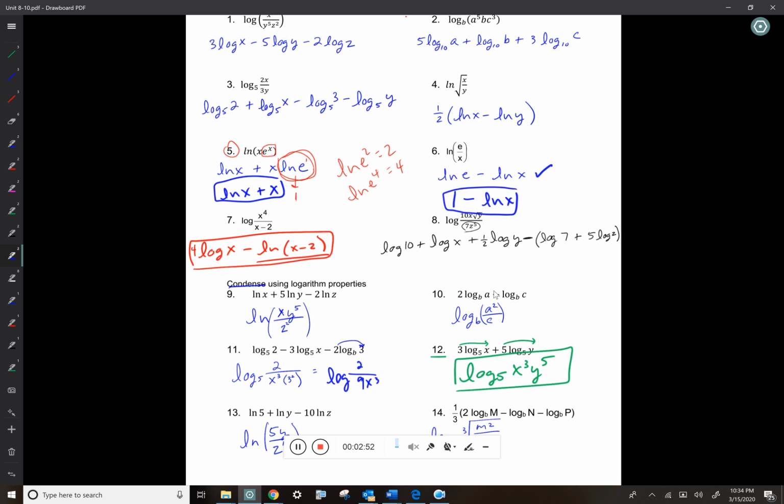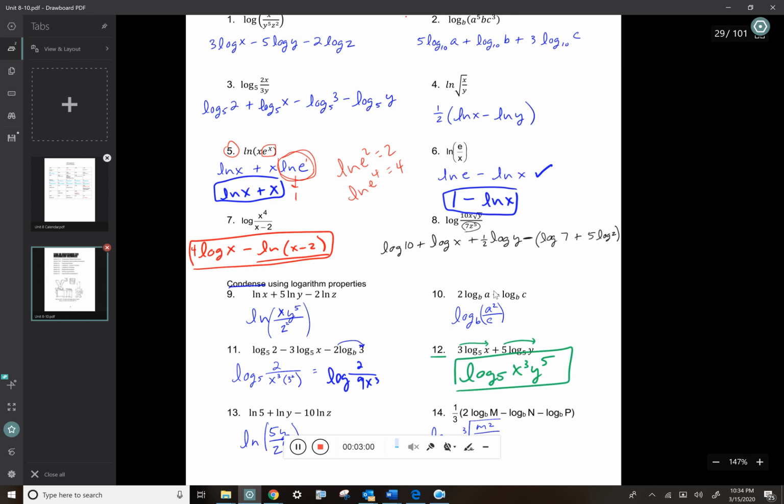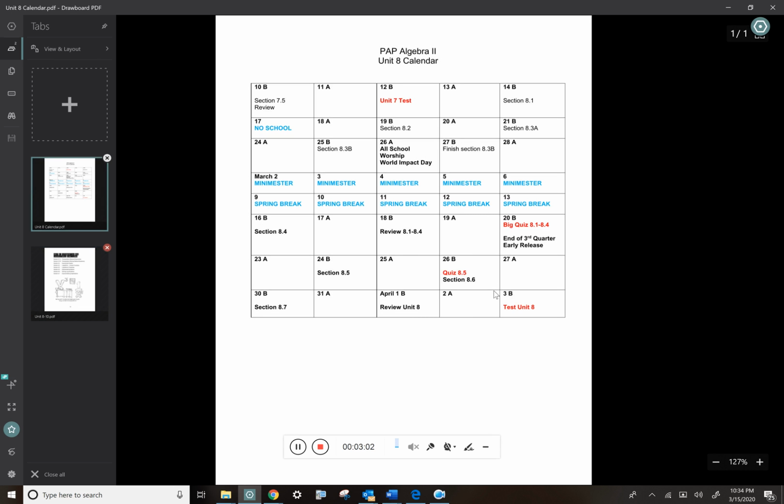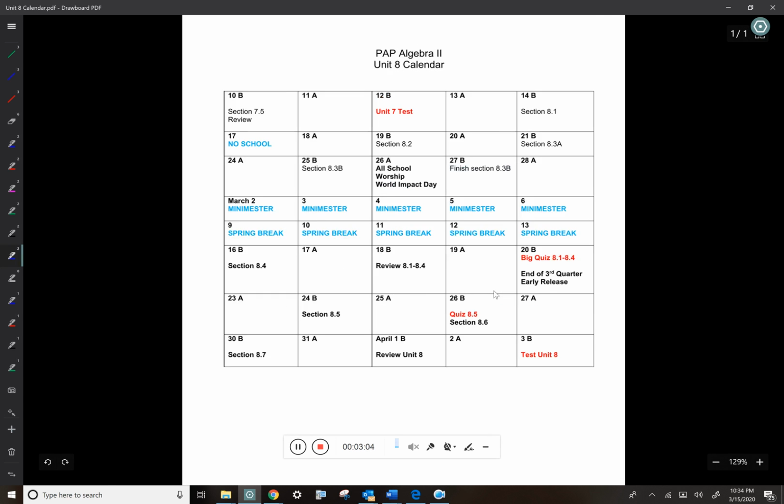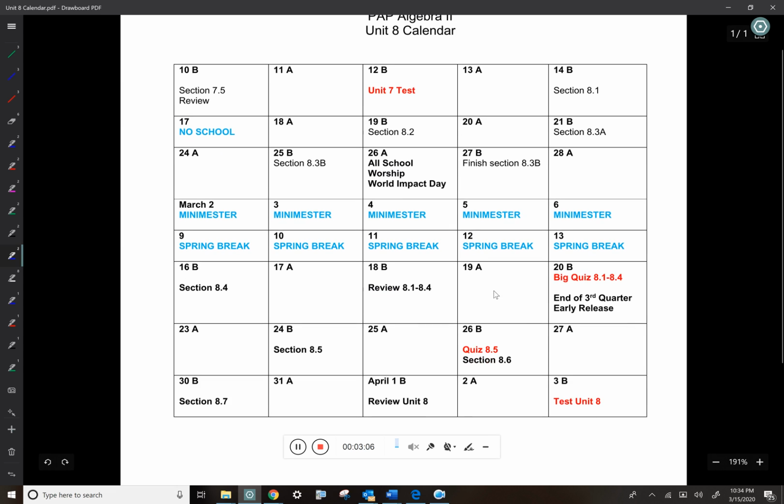Okay, once you've got all of those problems graded, go ahead and send me questions as you may need. But I do want to point out a little bit of an overview for this week. This is our calendar for Unit 8, and it is posted in several places on Canvas, both in this distance learning module as well as up in the module that lists all the calendars.